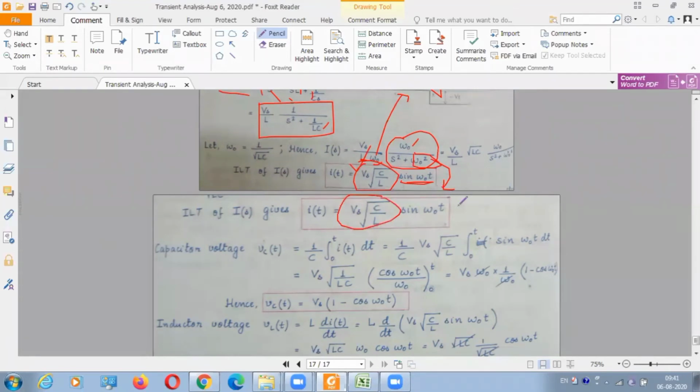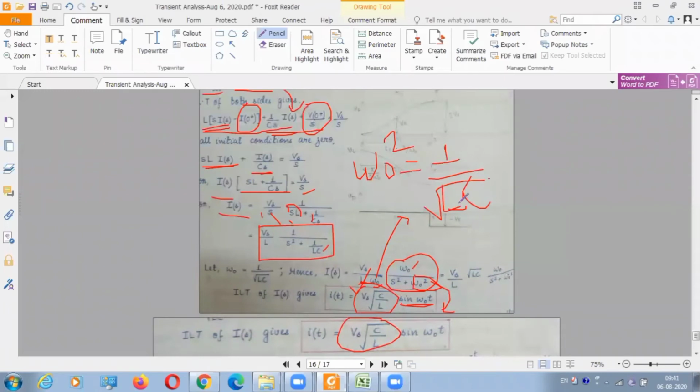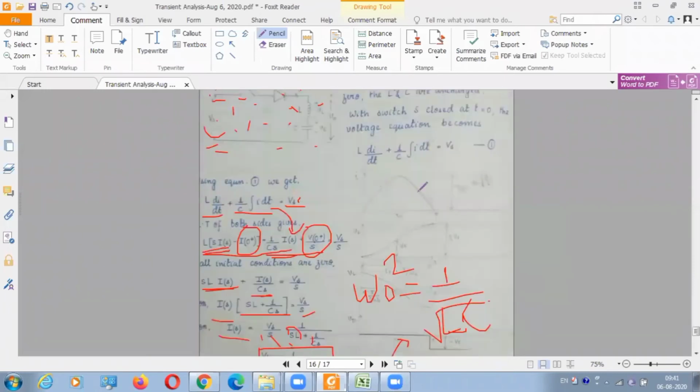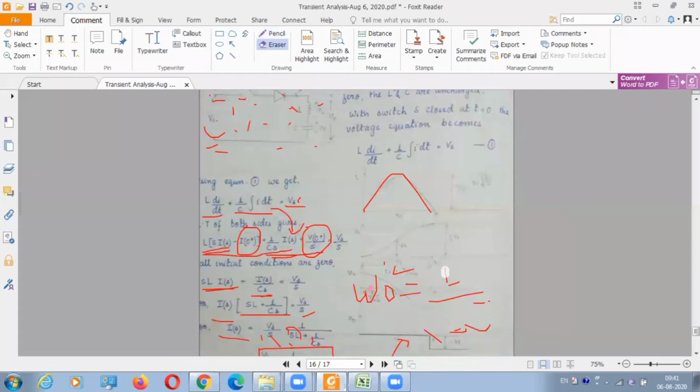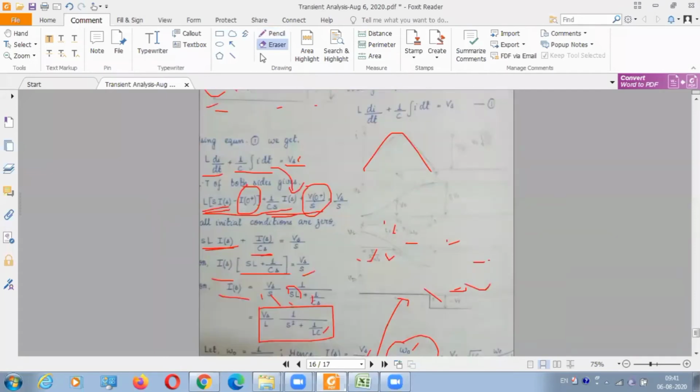Vs root C by L. So what I have drawn is a sine wave over here, a sine wave with maximum value Vs root C by L.